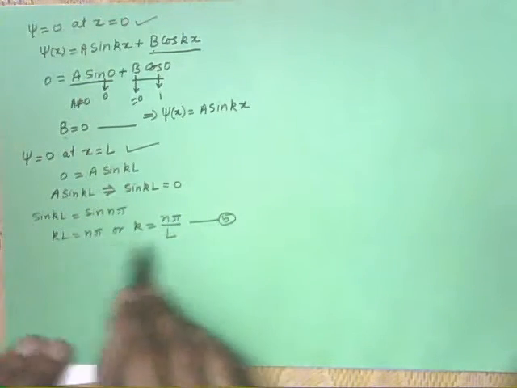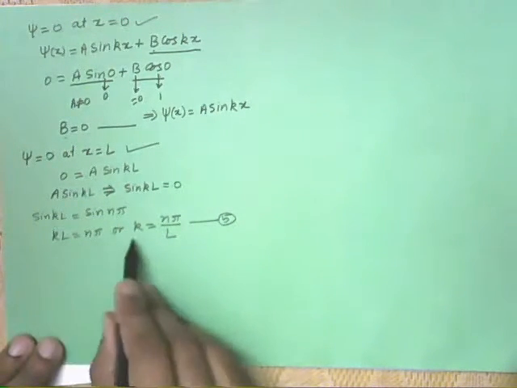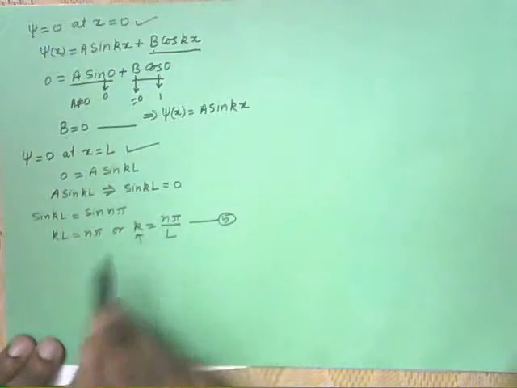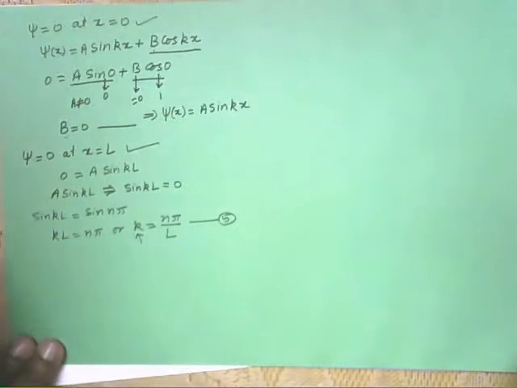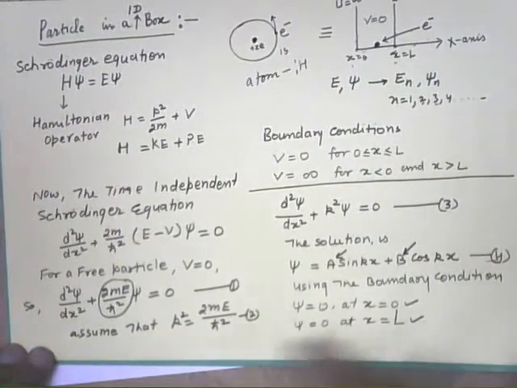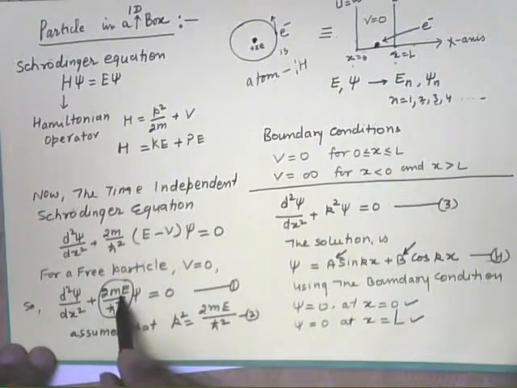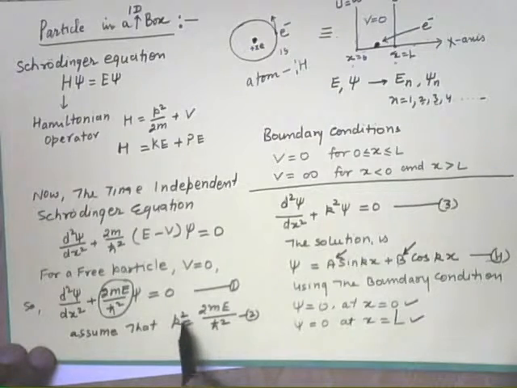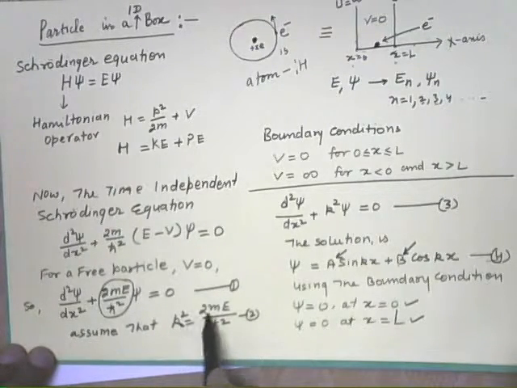Now we have to put this value of k into equation number 2. What was equation number 2? Equation number 2 was this assumption, k square is equal to 2mE upon h cross square.